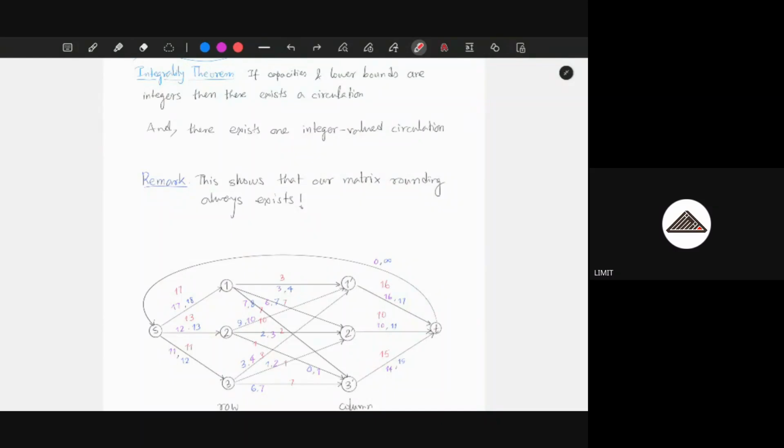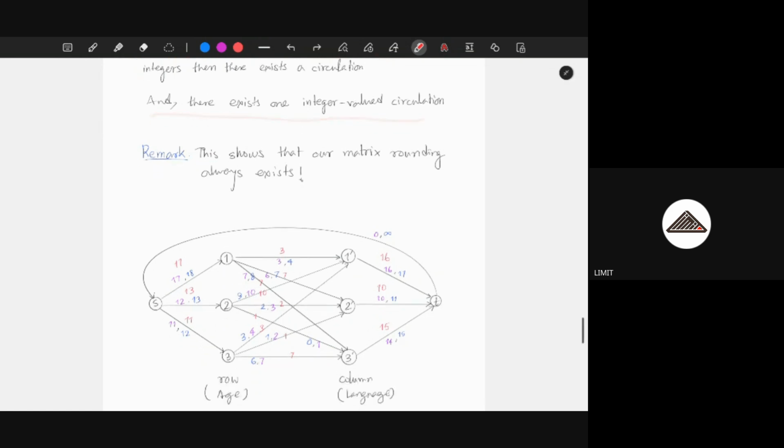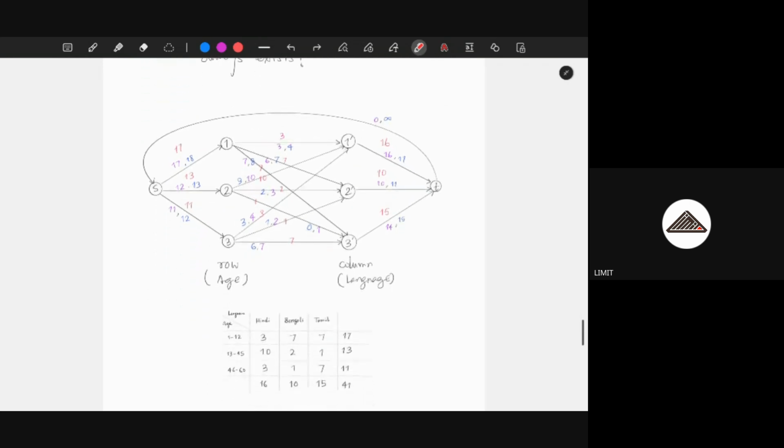You can keep the flow at each step integral valued. So from the same observation, with the lower bounds as well, this will follow. The algorithm is a bit different, but after tweaking it, you can see that you can find a solution. So you can tell the computer to find such a solution.